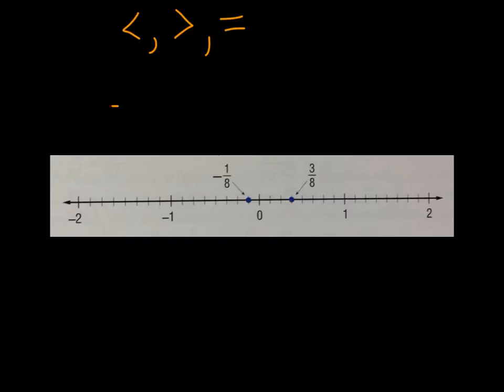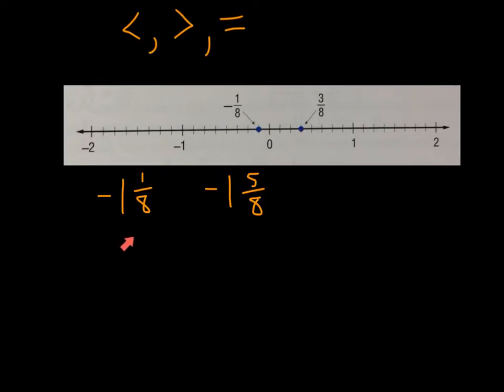And so we can see based on this number line that negative 1/8 is less than 3/8, right? Because negative 1/8 shows up here and 3/8 is farther to the right. It's the same reason that negative 1 is larger than negative 2, because it's farther to the right on our number line.